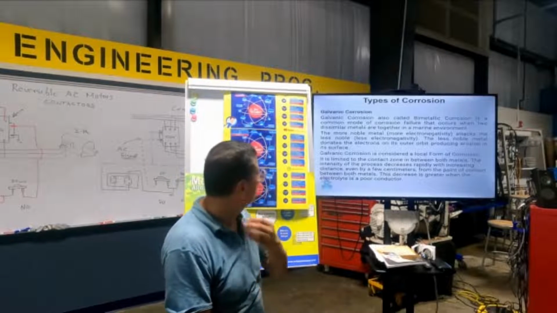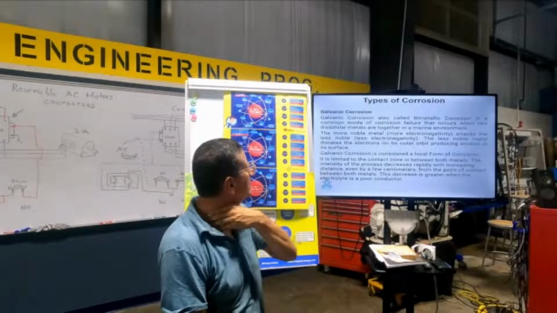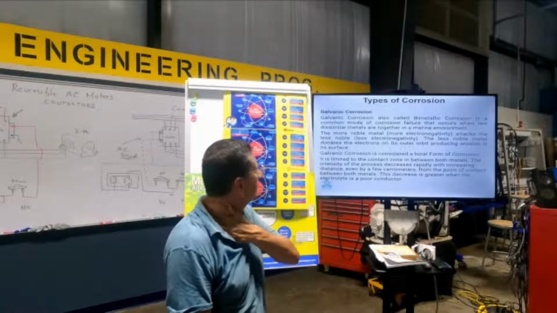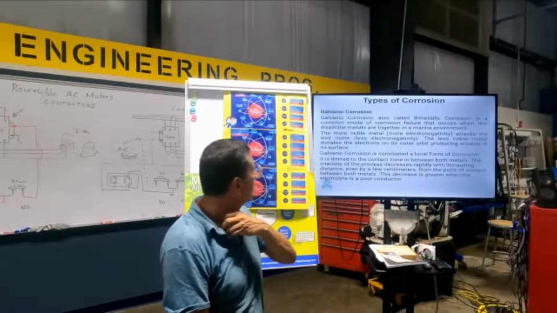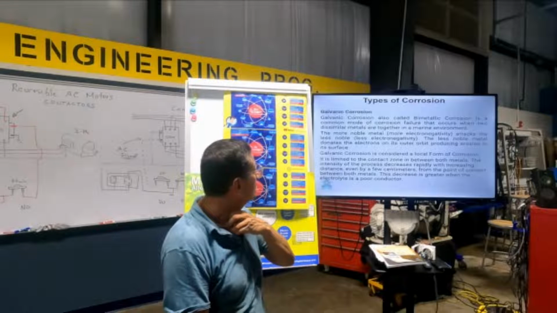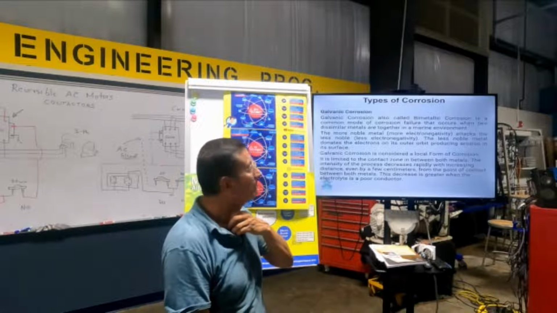Galvanic corrosion is considered a local form of corrosion. It is limited to the contact zone between both metals. The intensity of the process decreases rapidly with increasing distance, even a few centimeters from the point of contact between both metals. This decrease is greater when the electrolyte is a poor conductor.